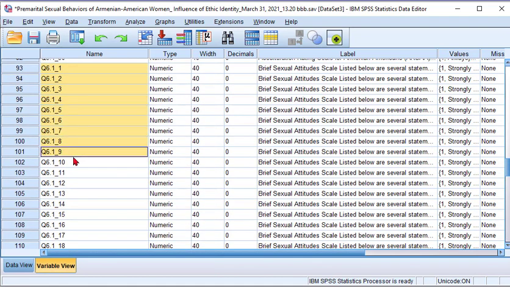All right, so these first 10 are, what were they? Permissiveness. So a higher number means what? I think for this one, a higher number means they're more permissive. Are you sure? I gotta double check, but I'm 95% sure.